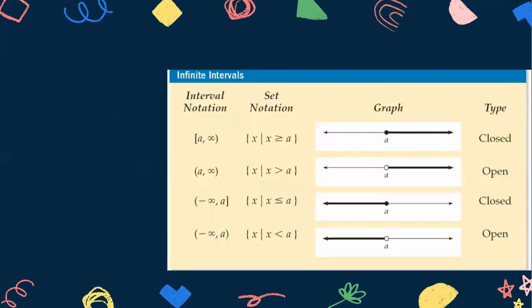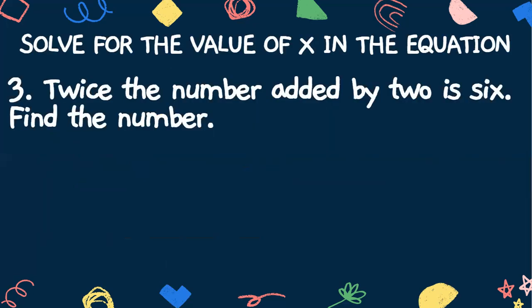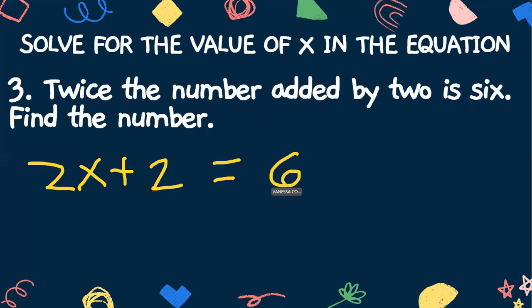Number 3, ang sabi po dito, twice the number. Okay? When we say twice the number, so 2x added by 2. Added by 2, it means plus 2 is, ano yung is? Equal 6. So that is our mathematical sentence. Then, we're going to simplify.